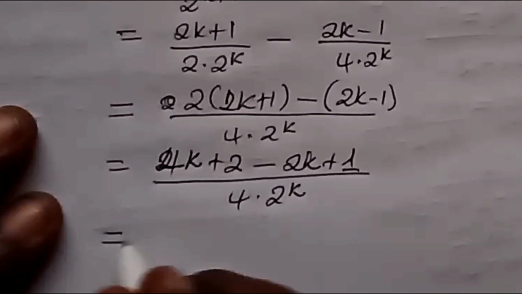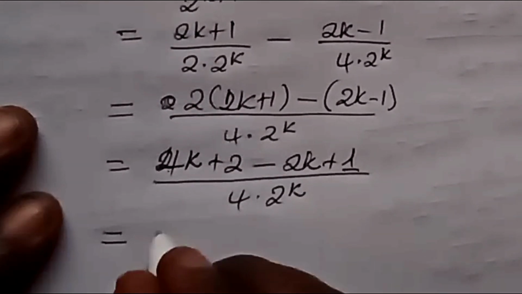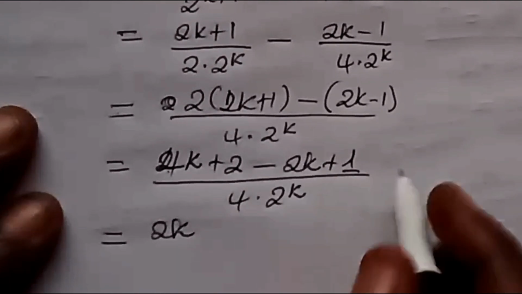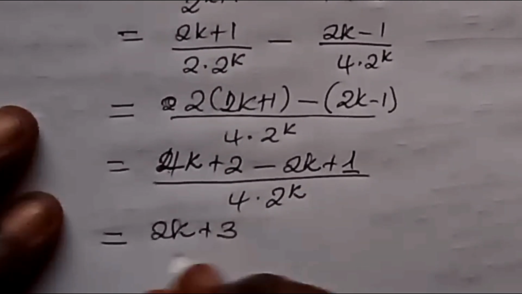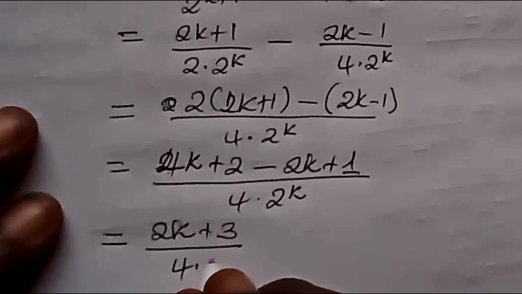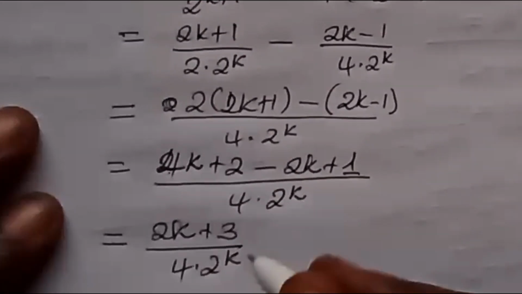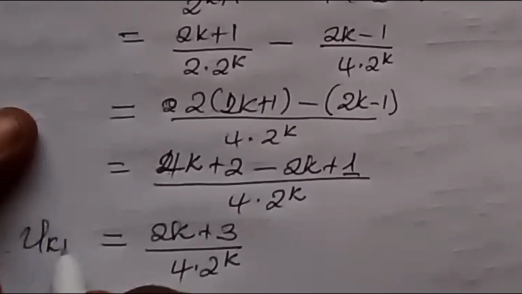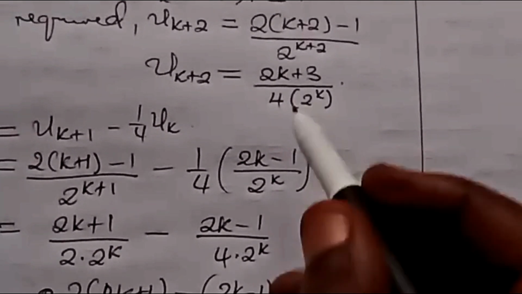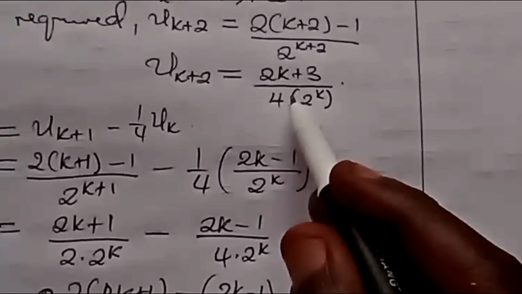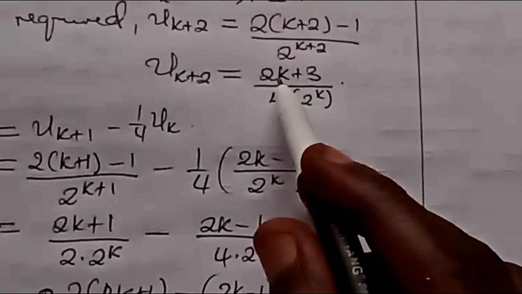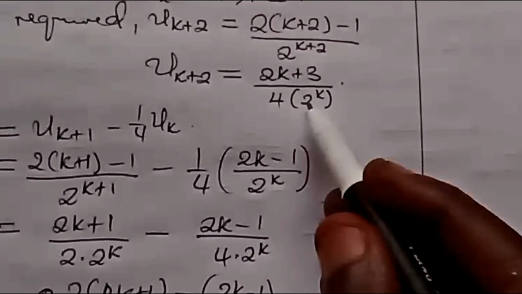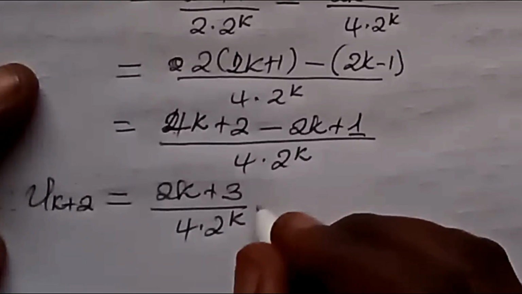And this finally gives 4k minus 2k, which is 2k, and then plus 2 plus 1, that is plus 3, all over 4 dot 2 to the k. And actually you can see that uk plus 2 is what we verified to be expecting. We verified that it must give 2k plus 3 over 2 dot 2 to the k as we have here. So this is true.